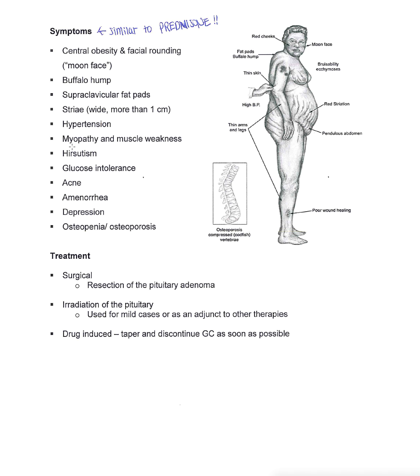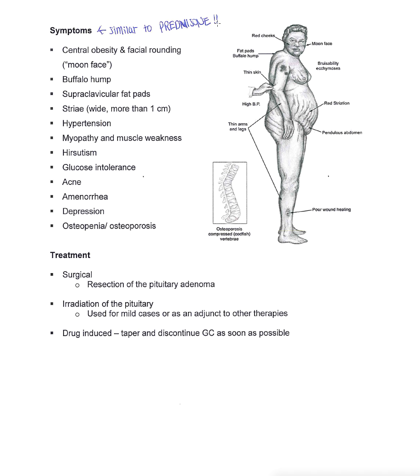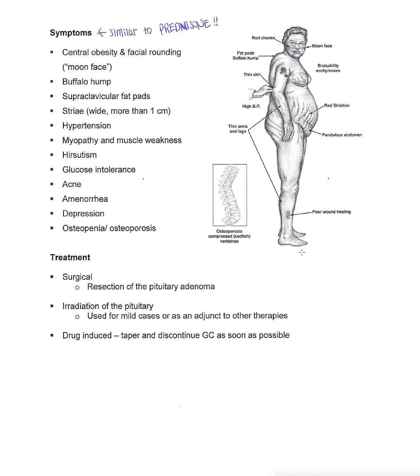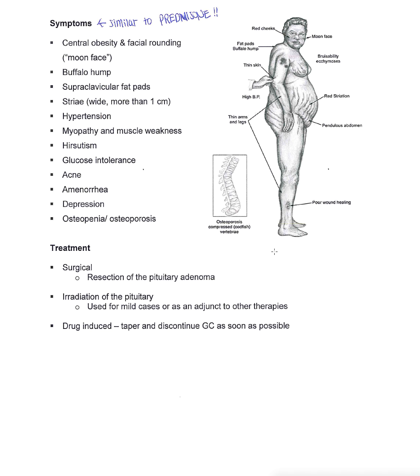So these are all pretty similar to, again, the prednisone acronyms, and this is the presentation of patients who may have Cushing's. Really, the treatment is surgical. Really try to fix the pituitary adenoma if that's what's causing it, or irradiation of the pituitary gland.